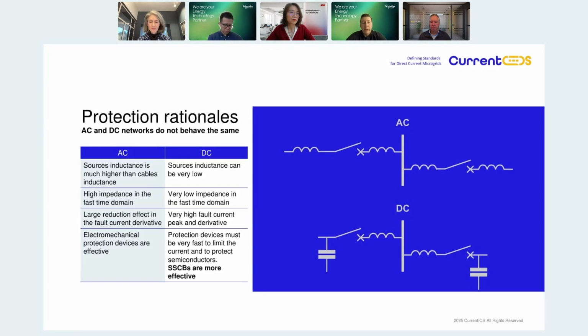So in AC, historically, electromechanical protection devices were and are still effective, while in DC, protection devices must be very fast to limit the current and to protect, in particular, the semiconductors of the converters. So in DC, solid-state circuit breakers are more effective than in AC, where they were historically not needed.